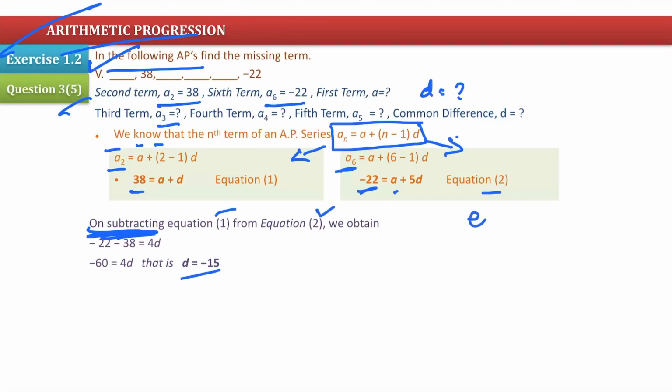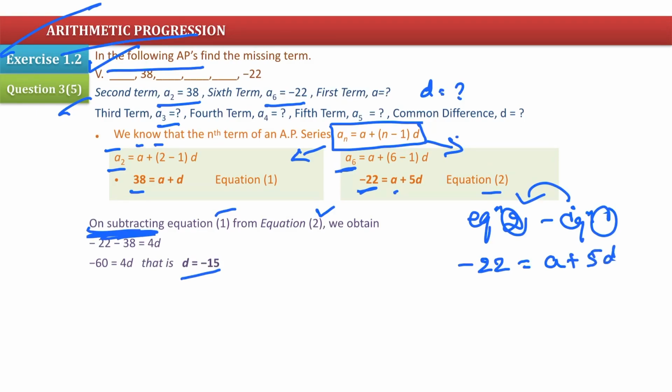See, equation 1 from equation 2. So I am going to write like this: minus 22 is equals to A plus 5D, equation 2. 38 is equals to A plus D, equation 1.